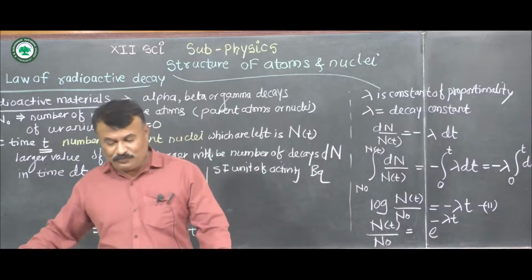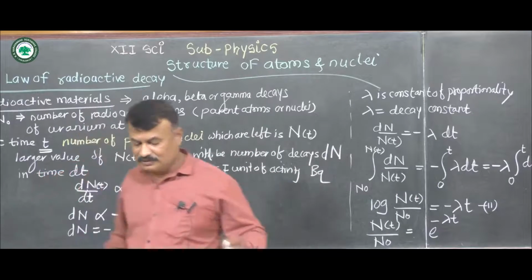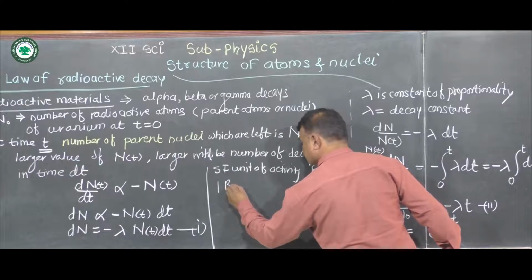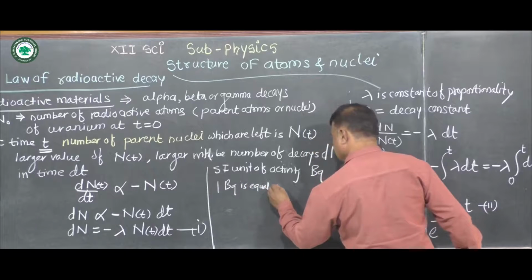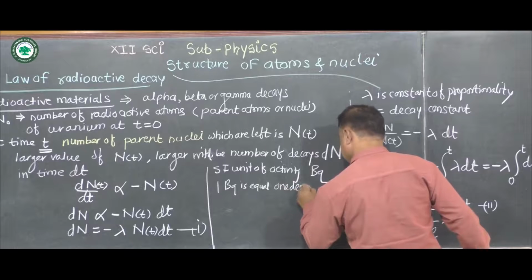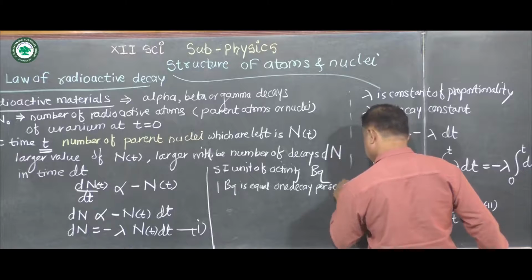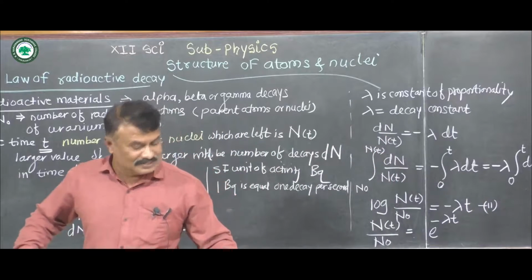Now according to the formula of this activity, 1 becquerel is equal to 1 decay per second.